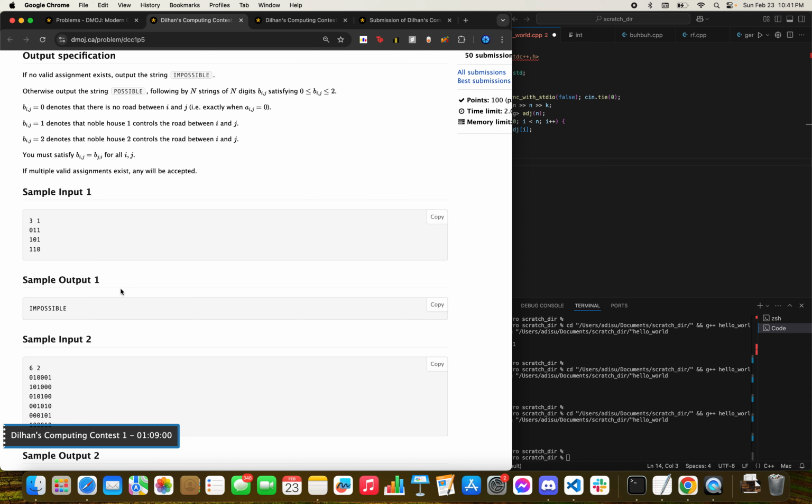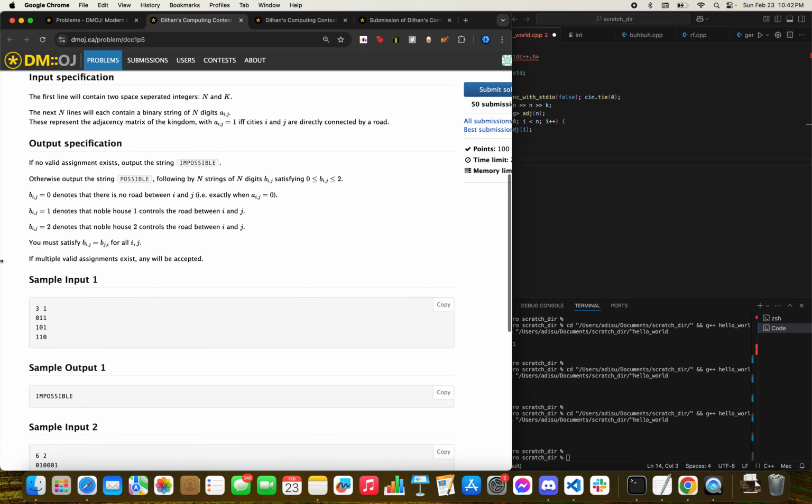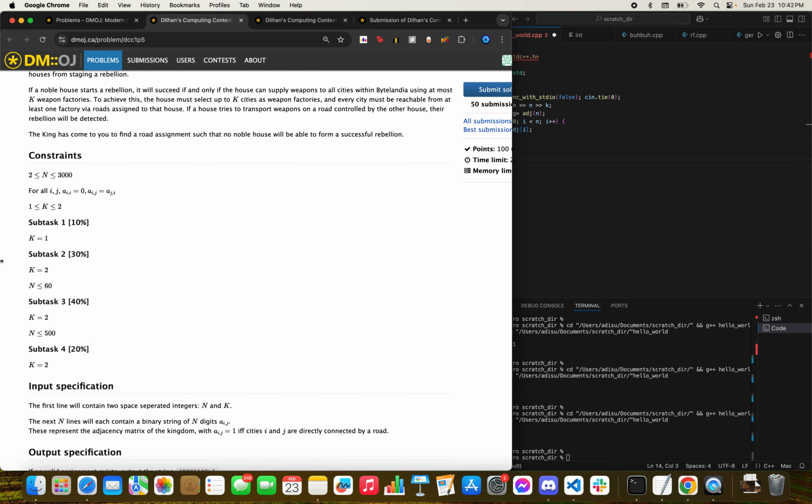Does a bipartite coloring work? A bipartite coloring would work, but it's very, very relaxed. I feel like brute force is kind of invited here. I don't know.